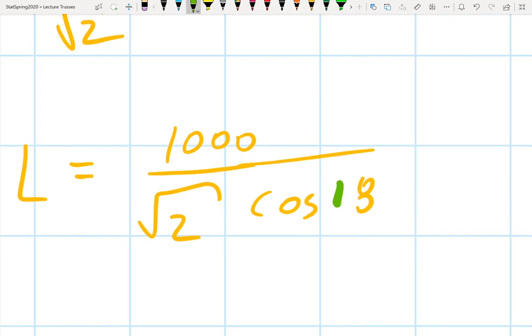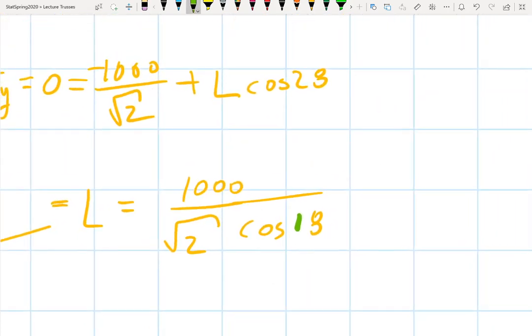Now, I'll go off screen and do the calculation, and what I have is 1,000 divided by the square root of 2, divided by the cosine of 18, and I don't get 745, but let me do it again.